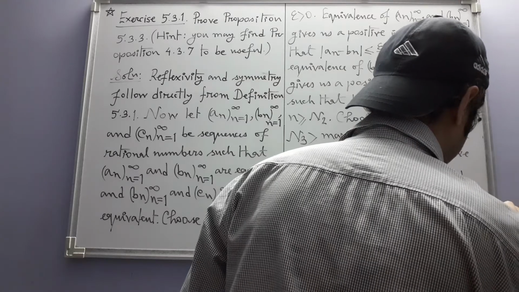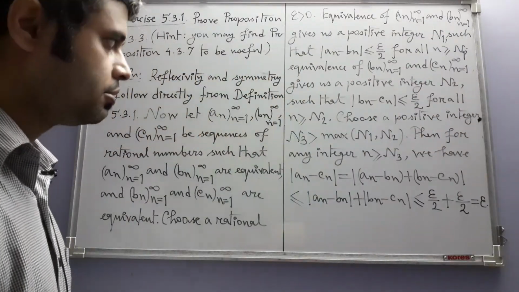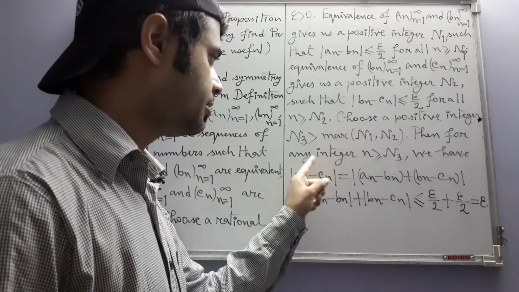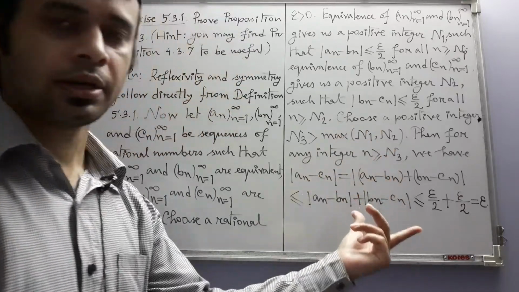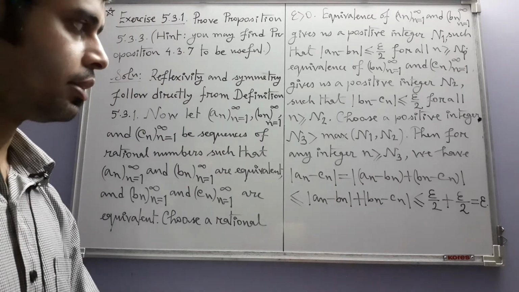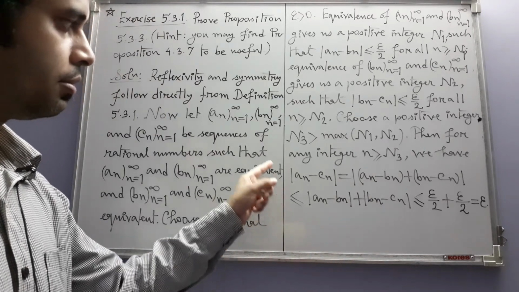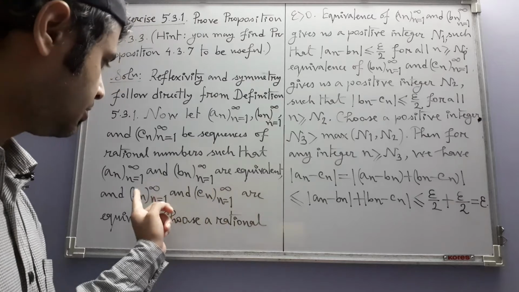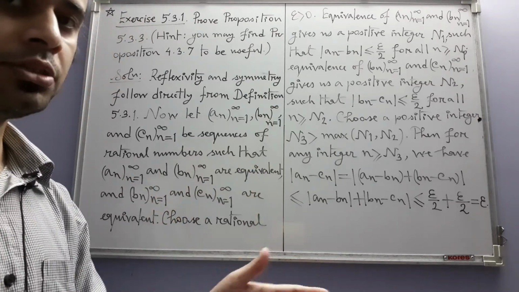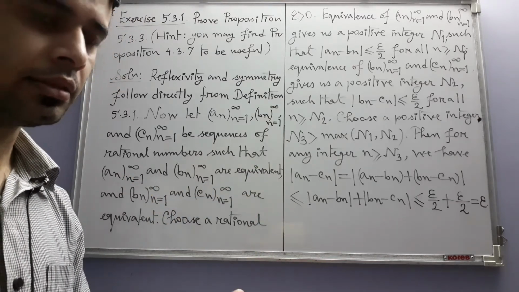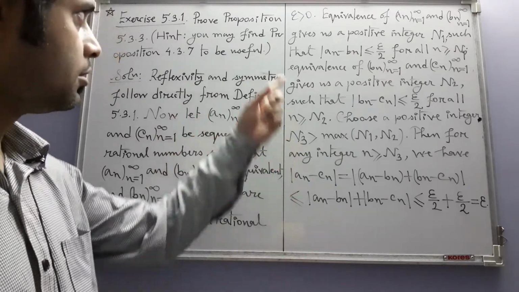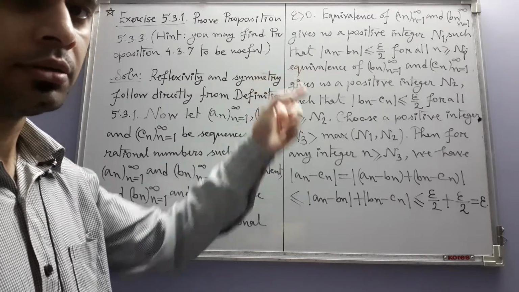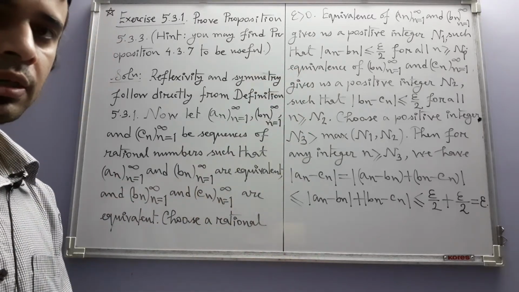Together they give us epsilon. So for all integers n greater than or equal to N3, this distance is less than or equal to epsilon. That tells us that the sequences a_n and c_n are eventually epsilon close, and since that is happening for any positive rational epsilon, a_n and c_n are equivalent.